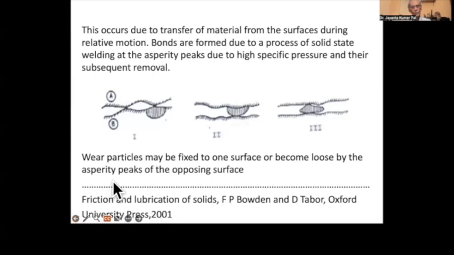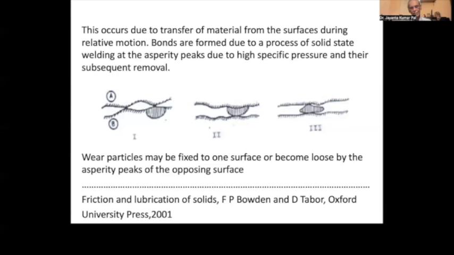If the wear is only by the asperity welding and subsequent formation of a wear debris, then it is two-body.